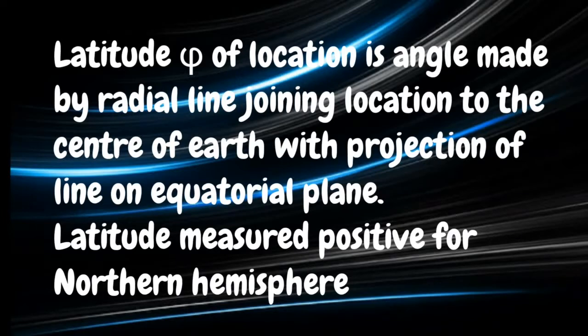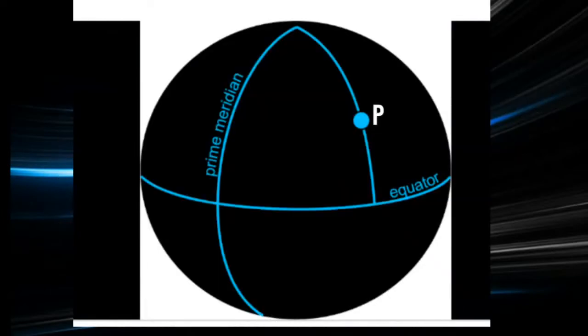If we observe this definition, there are two lines and the angle in between them is known as latitude phi. So what is the first line? That is the radial line joining the location to the center of earth. And what is the second line? That is the projection of the line on the equatorial plane. Now if we observe the diagram, first we see the location.